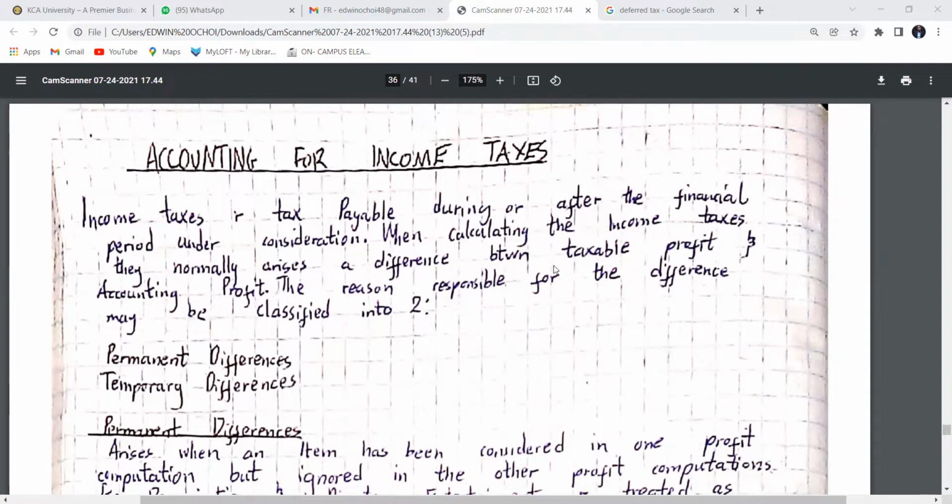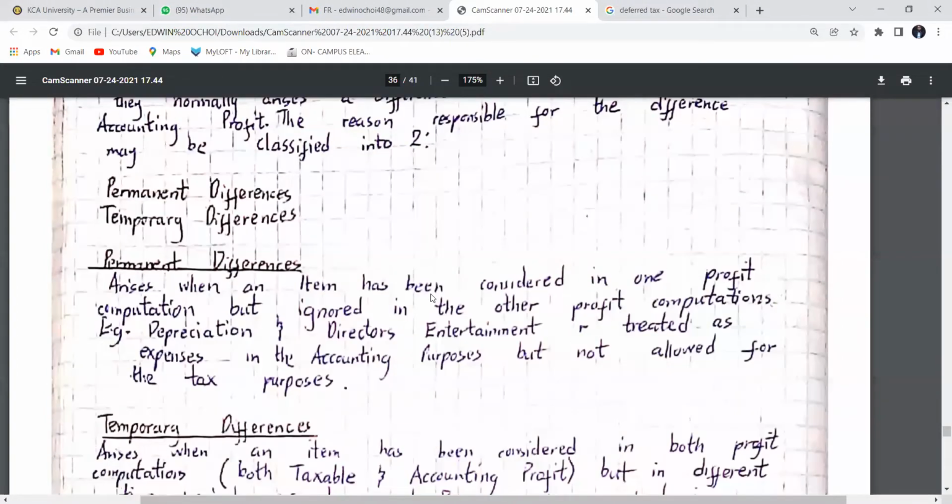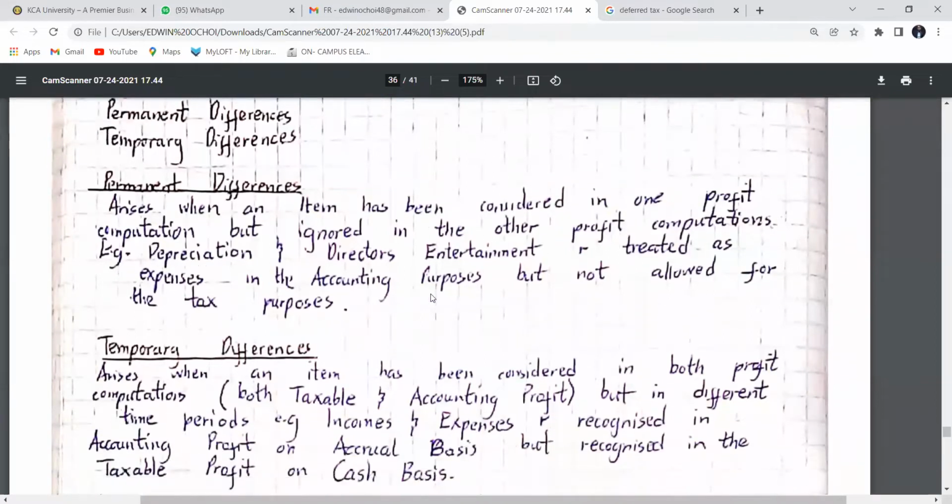When calculating income taxes, a difference may arise between taxable profit and accounting profit. You know, there's a taxman and there's an accountant in this world of accounting and tax. So what brings this difference? It's all about permanent differences and temporary differences.